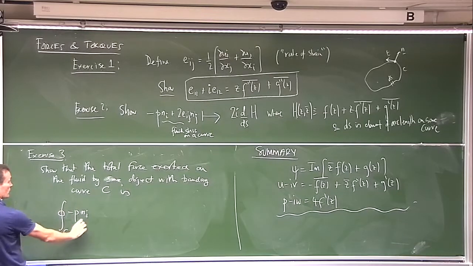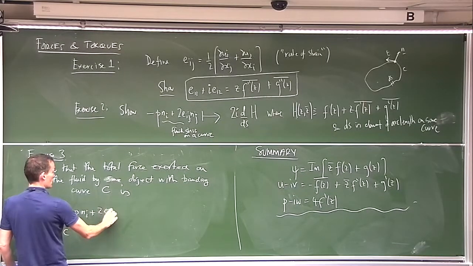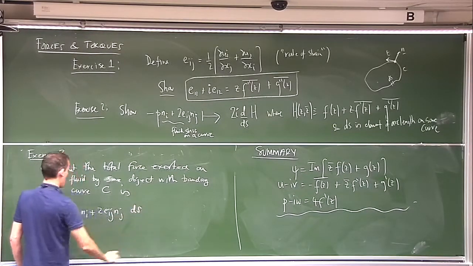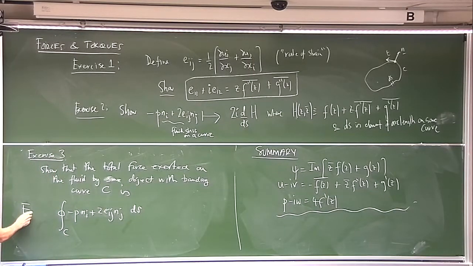You go around C and you add up the stress. This is the complex force. This is, oh no, this is the actual force. You know what I'm saying? This is, let me just do it like this, Fi.